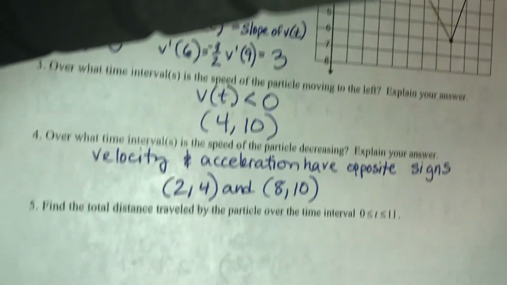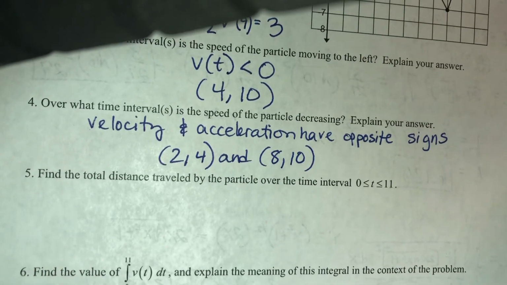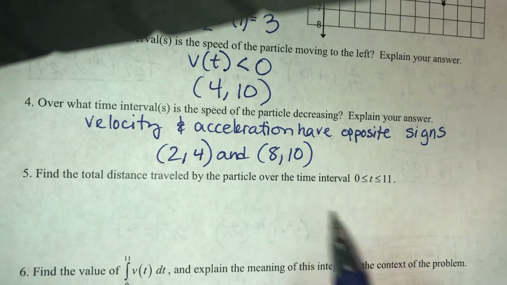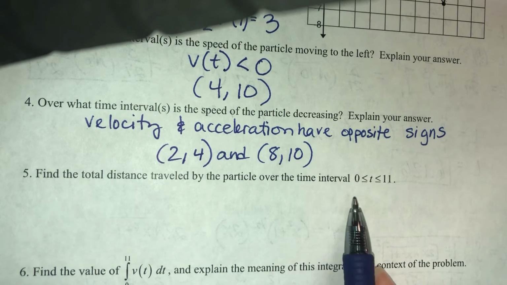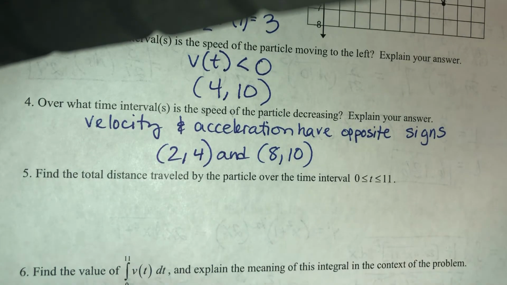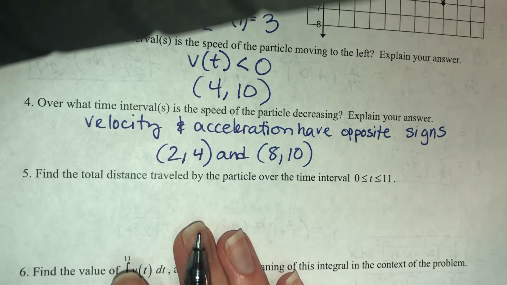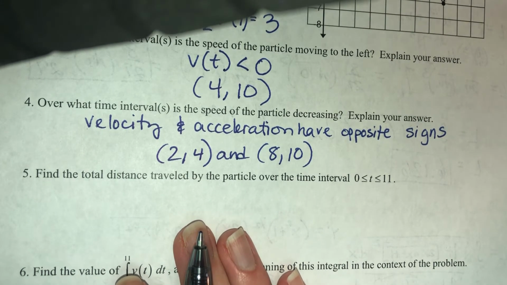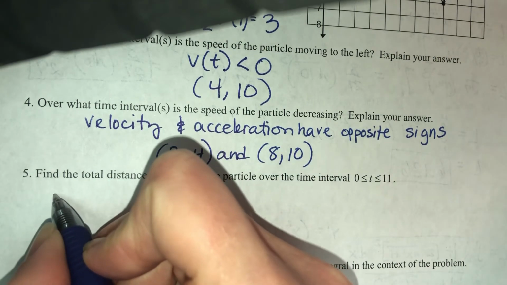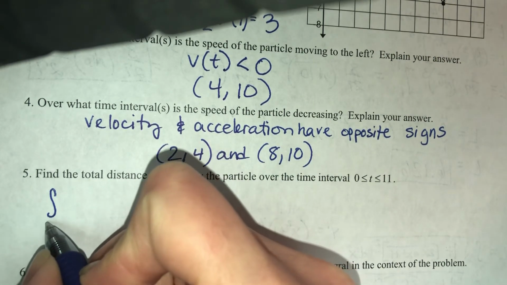Okay, number 5. This one's going to use another one of our new note cards. It says, find the total distance traveled by the particle over the time interval from 0 to 11. We learned one method for doing this in the fall before we learned integration, but now we're going to have a new way to do it. It's the integral from whatever a to b.